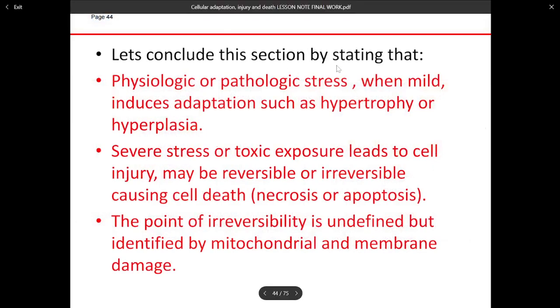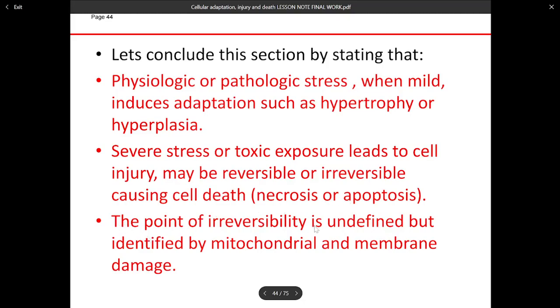So let's conclude this section by stating that physiologic or pathologic stress, when mild, induces adaptation such as hypertrophy or hyperplasia. Severe stress or toxic exposure leads to cell injury, and this cell injury may be reversible or irreversible, causing cell death, which could be either necrosis or apoptosis, depending on the initiating factor.